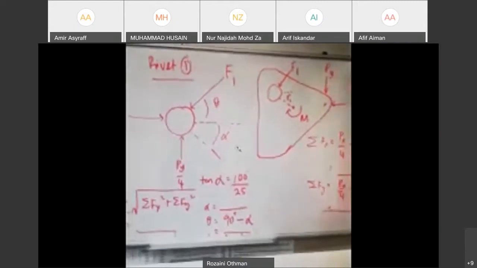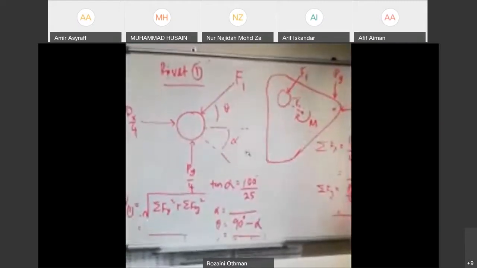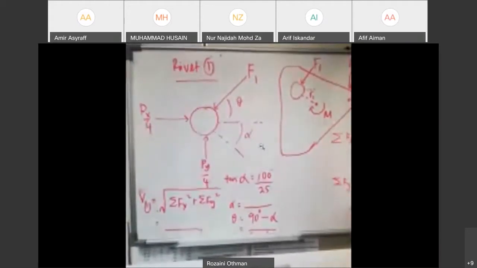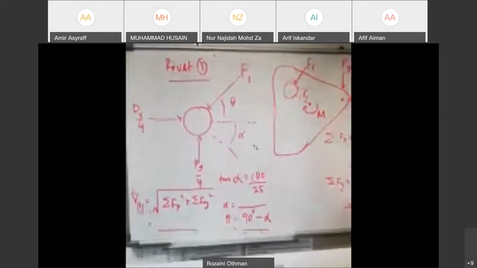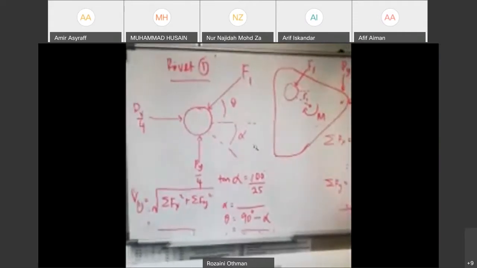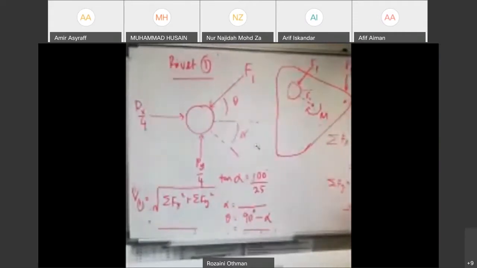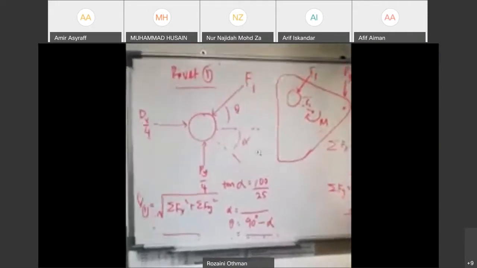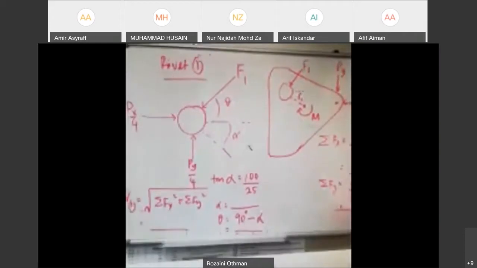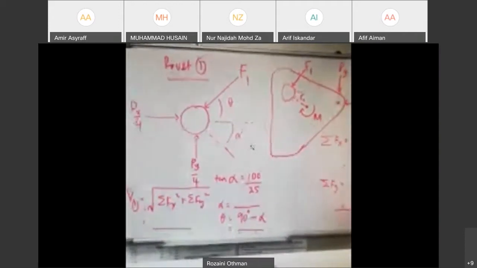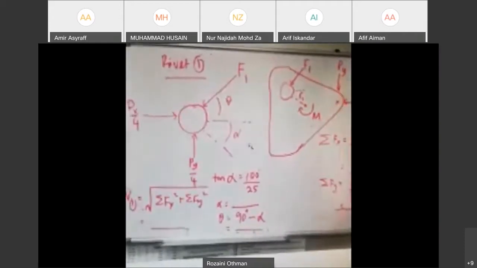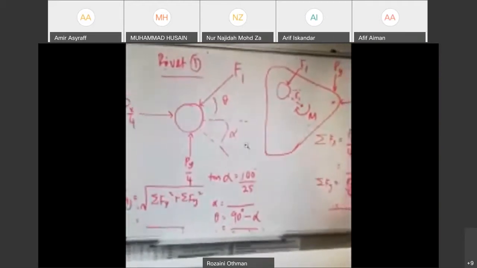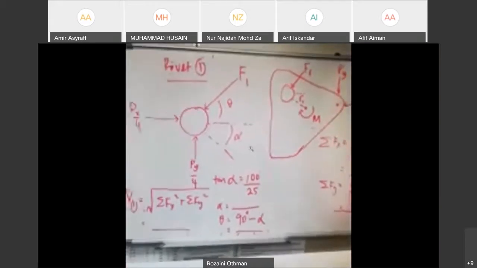Okay, inshallah. Until now, I leave rivet number 1 to you, and after that maybe I can create another video to show you how to determine rivets number 2, 3, 4, and also determine the diameter of the rivet based on the question given to you. Okay, so I think that's all for now.